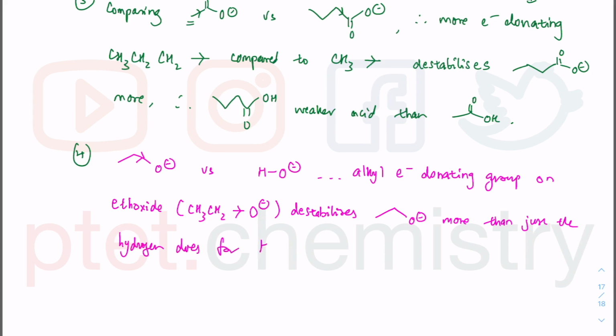The hydrogen just forms a covalent bond and doesn't donate electrons, because oxygen is naturally electronegative to begin with. Therefore, we can say that the alcohol CH3CH2OH is going to be less acidic than water.